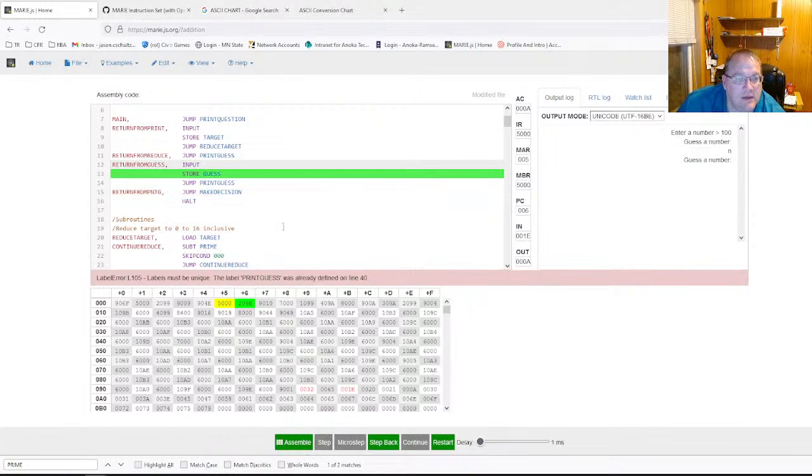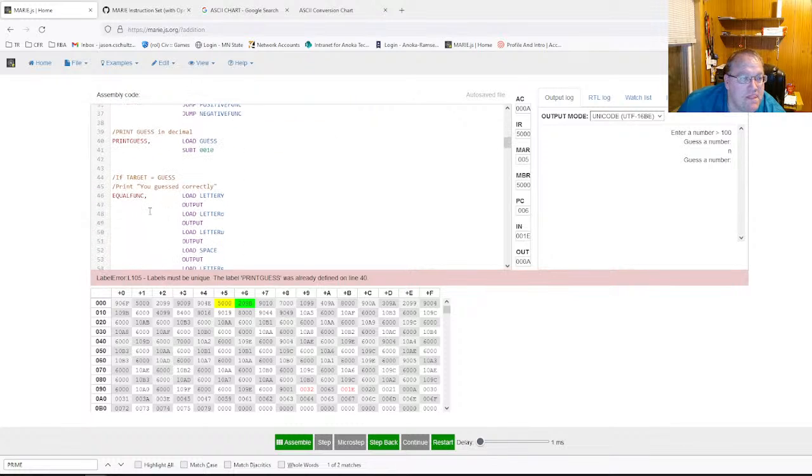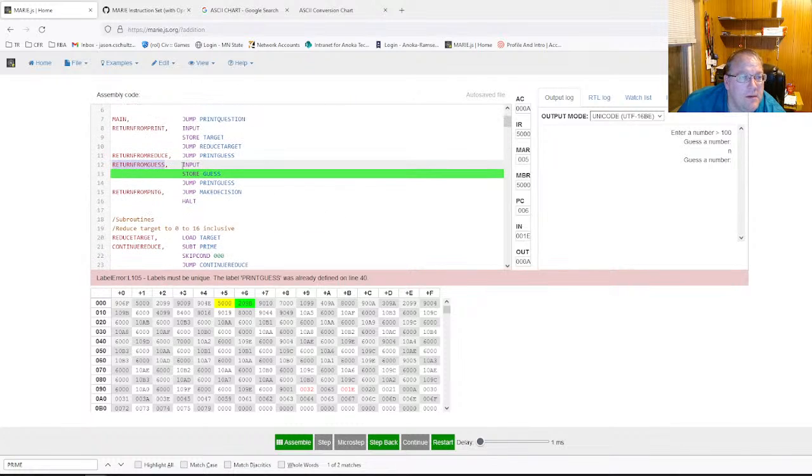PNTG. All right, so the label print guess has already been defined. Oh, that's right. Wait. Right there.